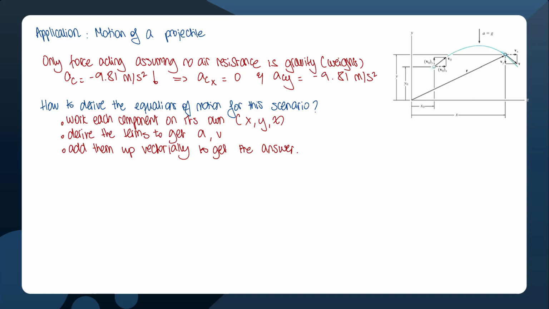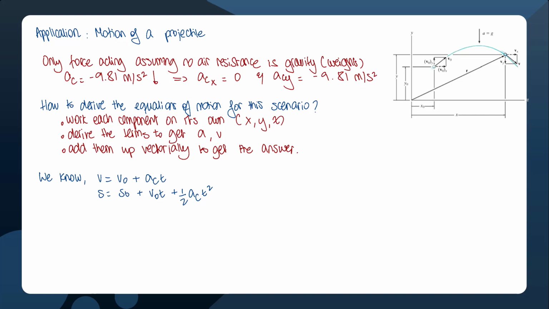So we know from the previous analysis, when we tackled the case of a constant acceleration problem, that v is equal to v0 plus a_c t and that s is equal to s0 plus v0 t plus half a_c t squared. So these two equations have already been derived before.